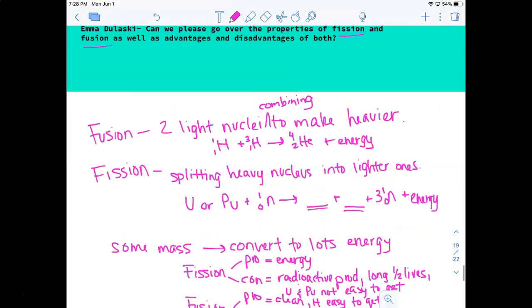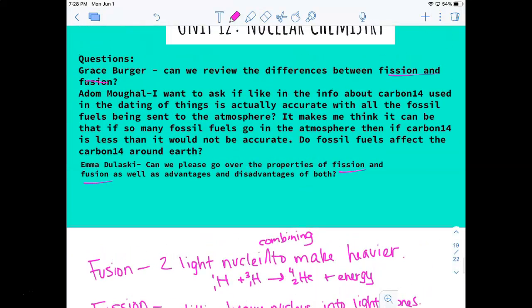Okay, Adam's question. Adam, this is a really good question. I actually looked into this a little bit. So I'm going to say that carbon dating is accurate. I'm sure, like everything, there is room for error, but for the most part, as far as I know, this technique is still accepted for dating really old, once living things. What I think is that since the amount of carbon in the atmosphere is changing, the amount of carbon that is original in a living thing when it dies is changing.